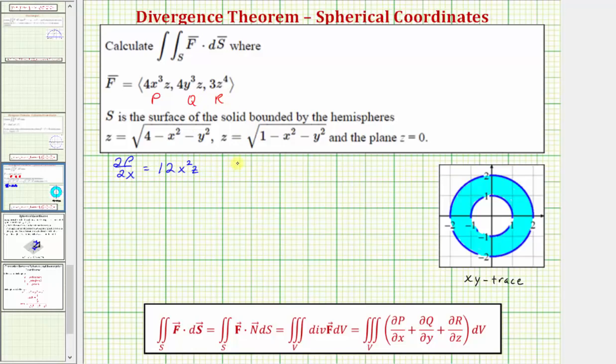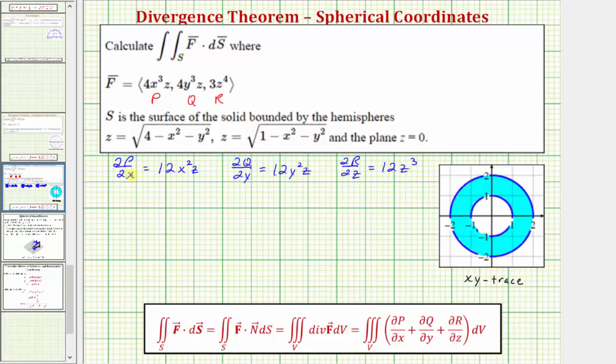The partial of Q with respect to y equals the derivative of 4y cubed z with respect to y, which would be 12y squared z. And the partial of R with respect to z equals the derivative of 3z to the fourth with respect to z, which would be 12z cubed.